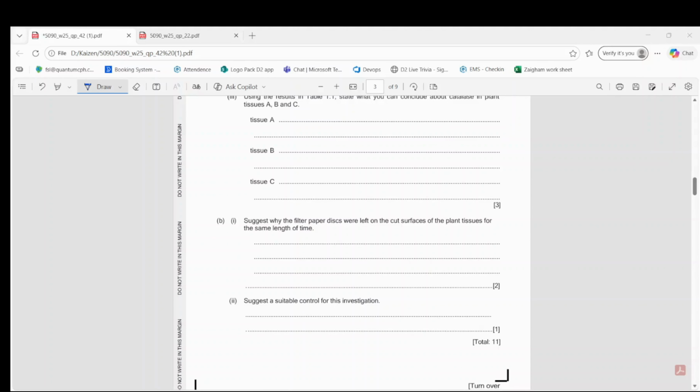So first of all, we need to place the discs. Why for a specific, same time? To have comparable results. If it's a 2-mark question, what else should be written?